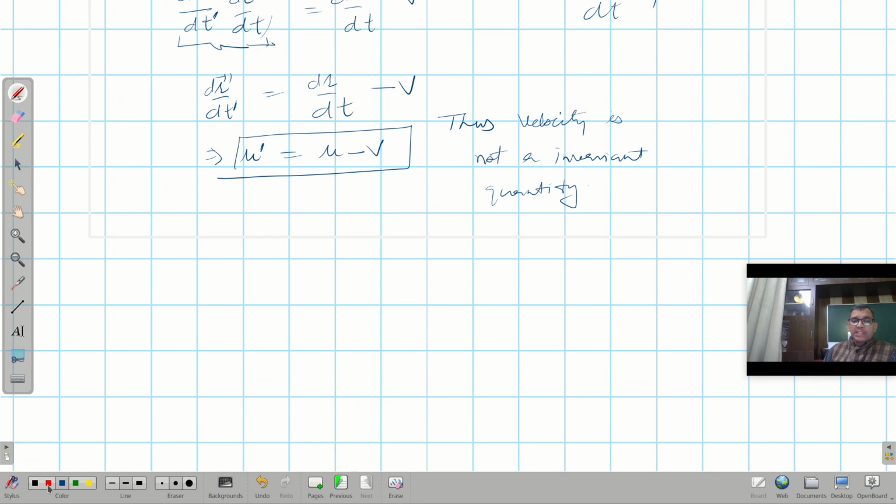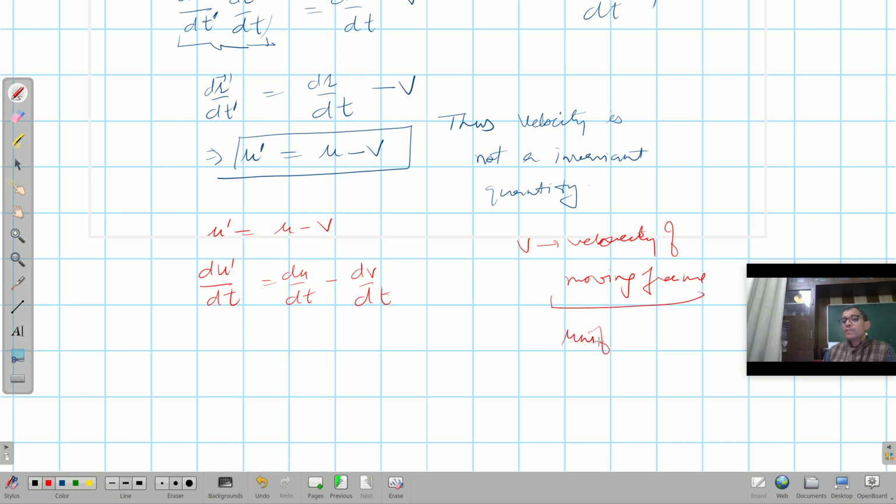Now let us go to the acceleration, because all these quantities are related to each other. For acceleration, what should I do? As I know that u prime is equal to u minus v, if I again take the derivative of both sides with respect to time, it is dv upon dt. As we know, v is the velocity of the moving frame, and it is a uniform velocity.